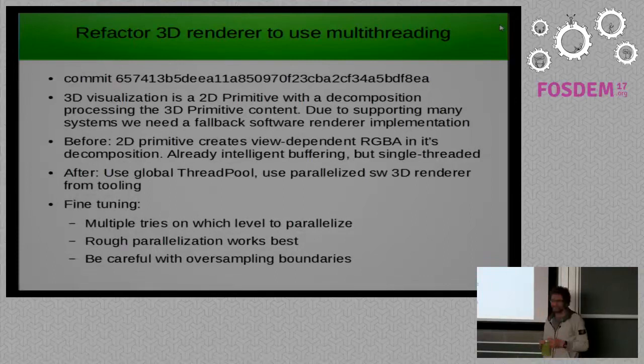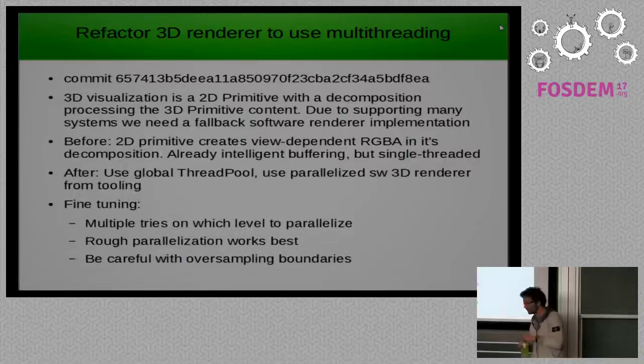And hopefully, when we get these CPUs with 32 cores or something, we heard about, it will get even faster. But it's still the software fallback, so we should really find some time or sponsoring or someone willing to do hardware 3D renderers.